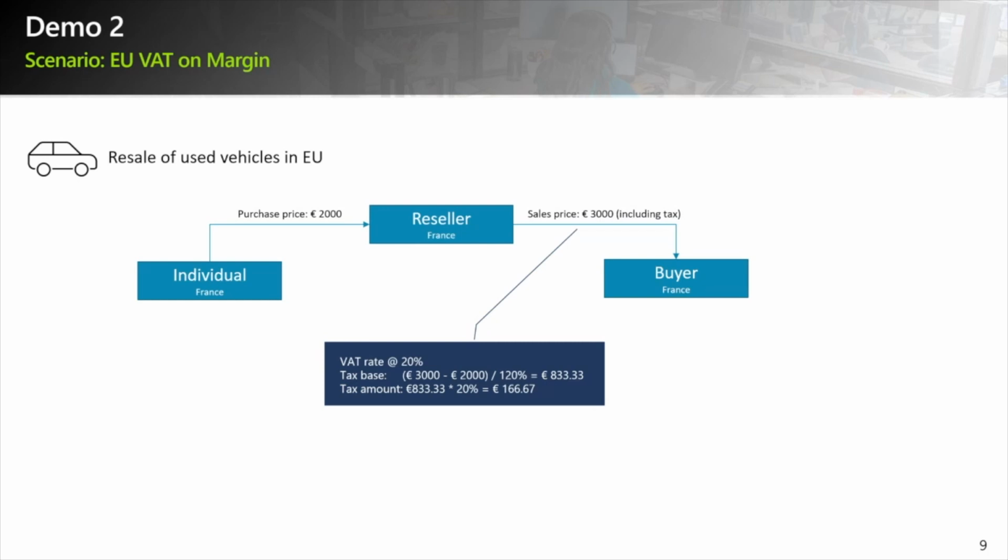The tax base of the VAT charged in this transaction shall be 3,000 euro less 2,000 euro, divided by 120%, which equals 833.33 euro. And the actual VAT amount shall be 166.67 euro. Now let's switch to the demo and see how this scenario works in the system.